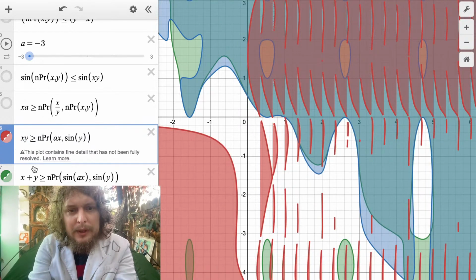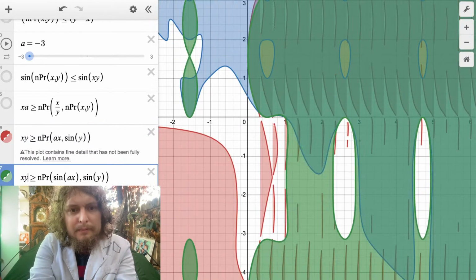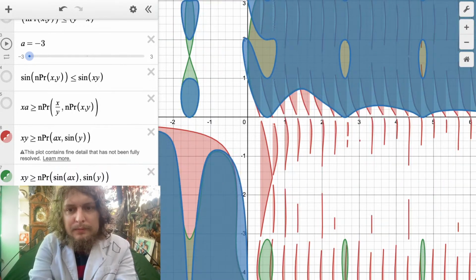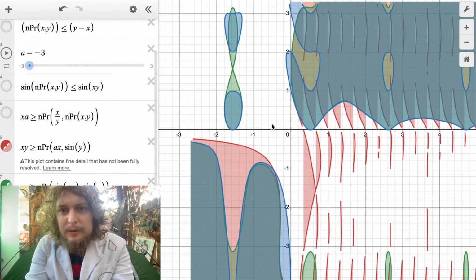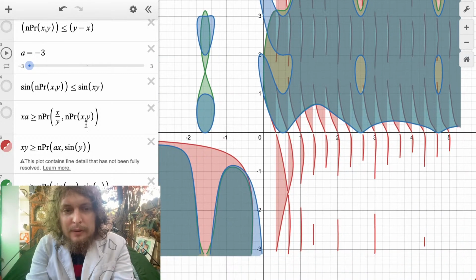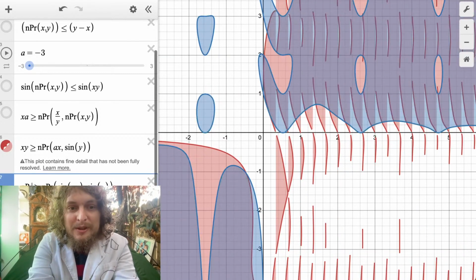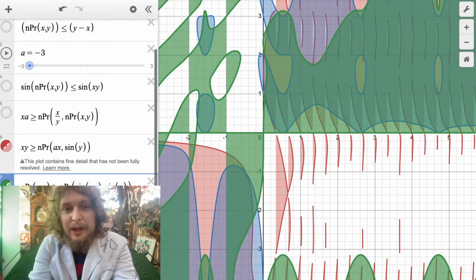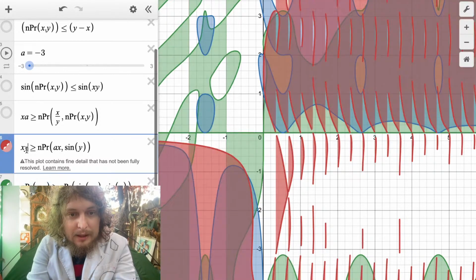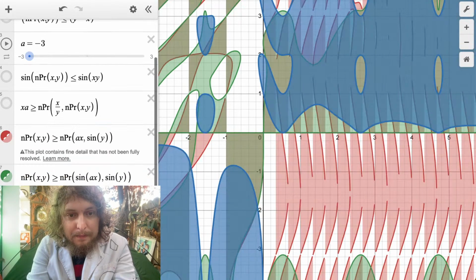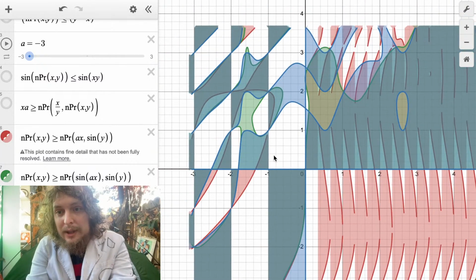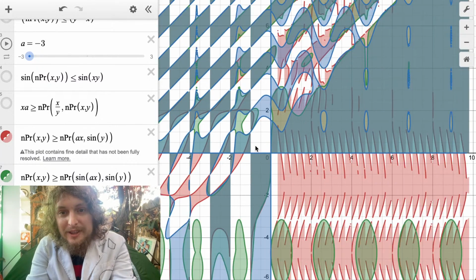Maybe we'll put multiplication here instead. And actually, I said we would just use one of these, but maybe we'll use two permutations. Maybe this will be the permutation with X and Y. And now let's see what happens when we adjust our A.